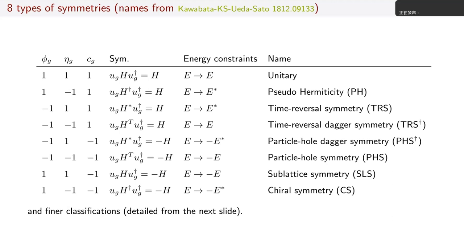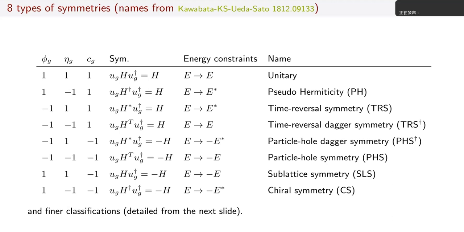And also I have particle-hole symmetry. It is defined as transpose with negative sign, and particle-hole Dagger symmetry, because if I have Dagger in addition to transpose, I have star symmetry. So this is called particle-hole Dagger.